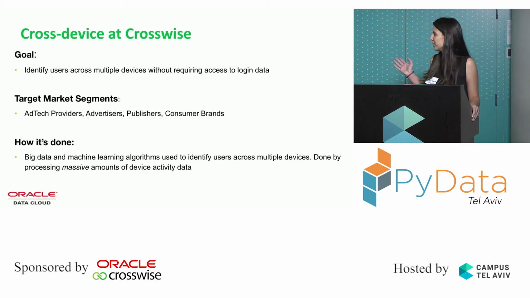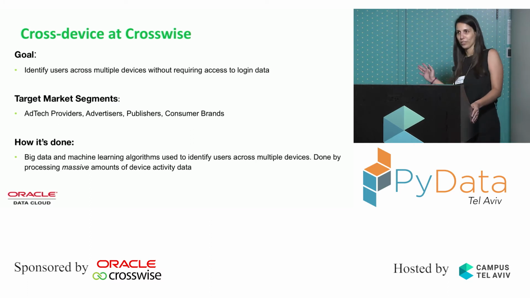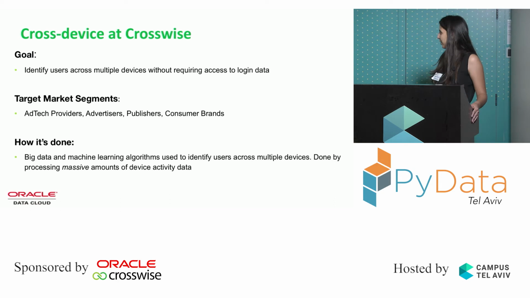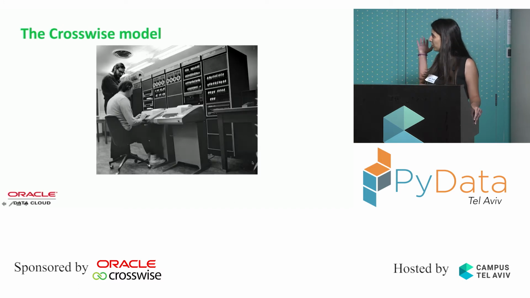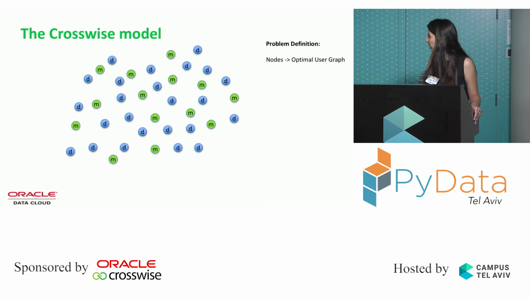I just want to say that we have an amazing dev team, and among other things, they do a lot of the work that involves processing all of this data in a reasonable amount of time and making sure that we have good access to it, something that is easy and quick, so the research team can use it to build our model. So let's just get started and talk about the model.